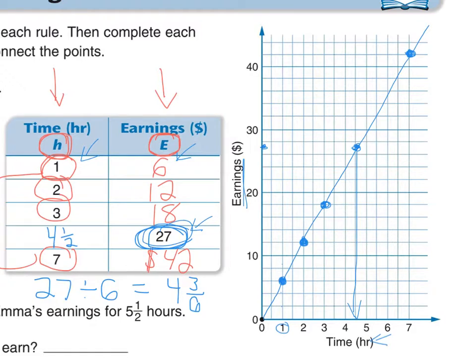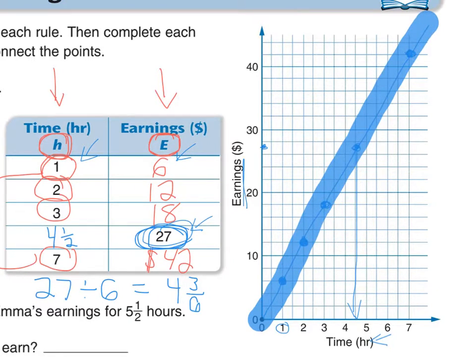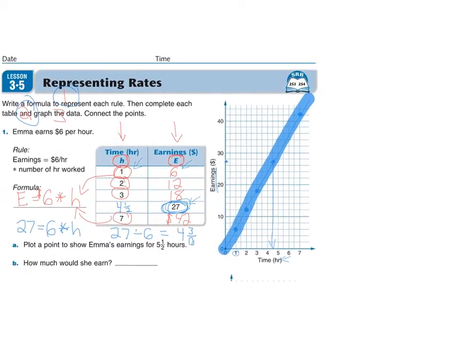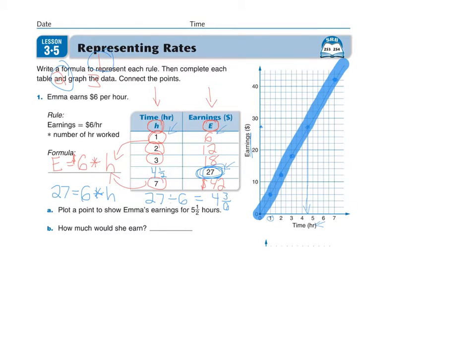One other last thing I want you to notice is that this forms a straight line. When you have a straight line on a graph like this, what that represents is a constant rate. With constant rates, when you go to graph them, you will see that they form a straight line. So what we have here is a constant rate, meaning that the rate of her pay doesn't change.